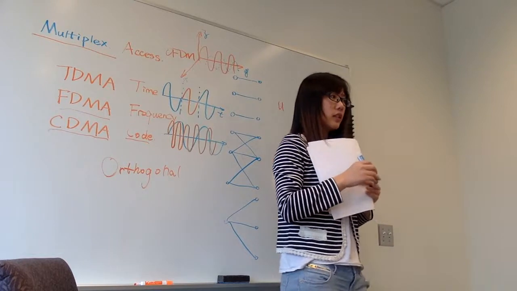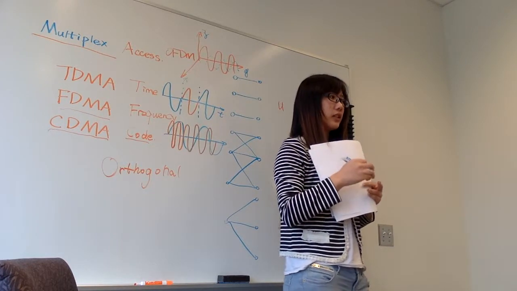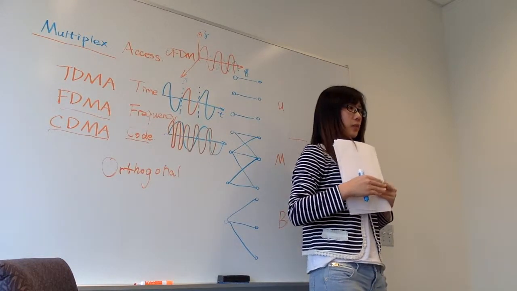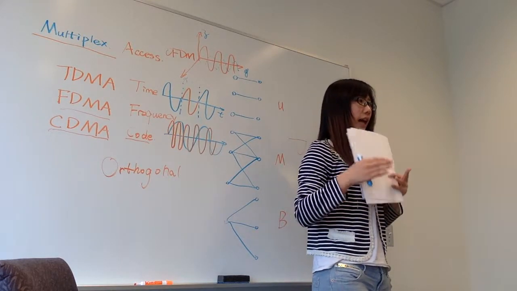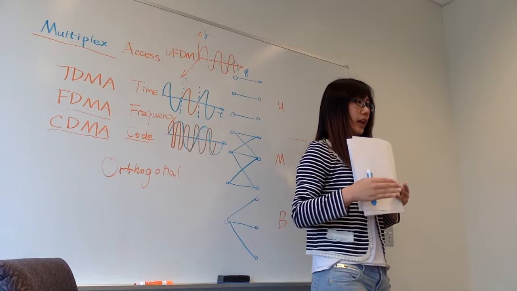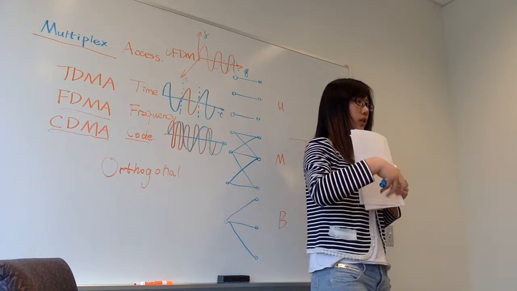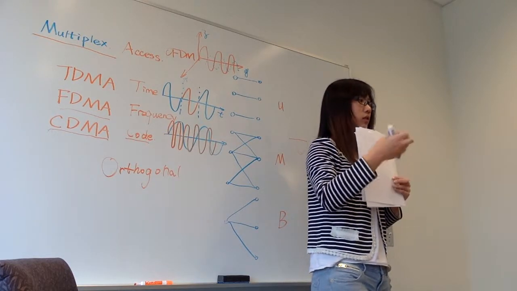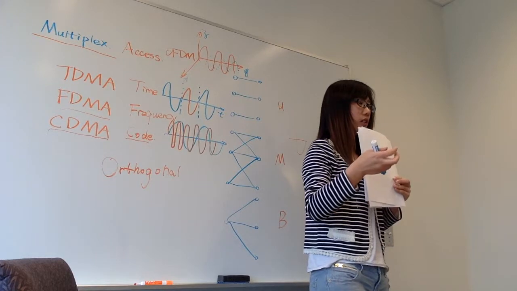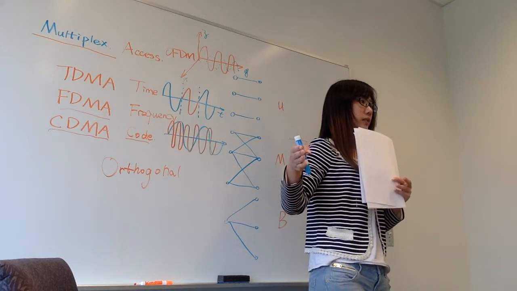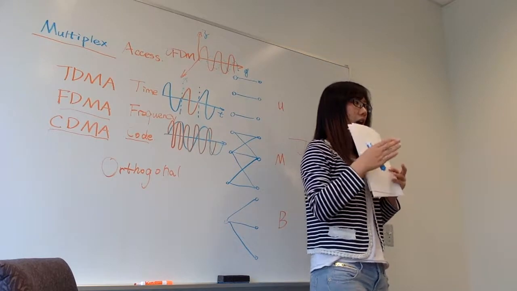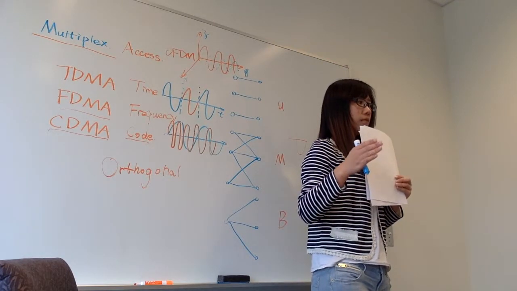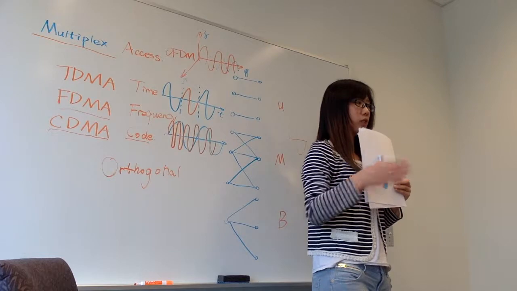Actually, this problem only happens in this case. Suppose 10 people are sending their messages at a time, and they send their messages through the base station, and the base station will decide who is the receiver, right? Then how will the base station decide who is the sender?